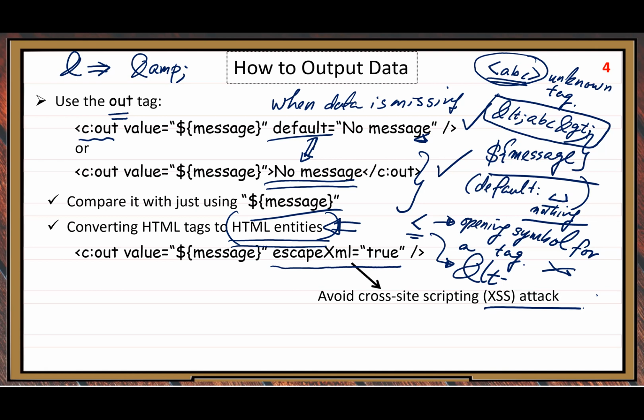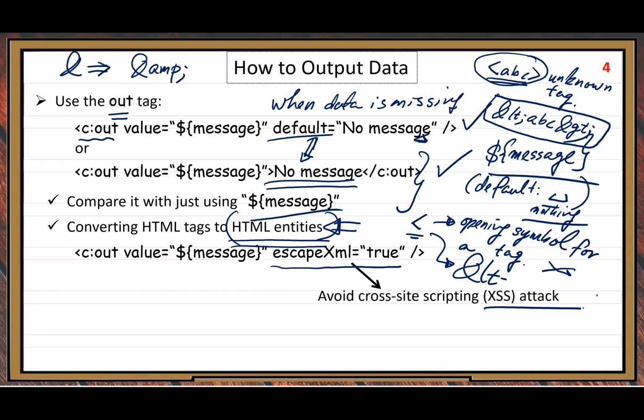When they enter content, they put in special HTML tags. The meaning is quite different. If your website does not do some special treatment to avoid this and just interprets it as normal HTML content, then your website may get hacked.